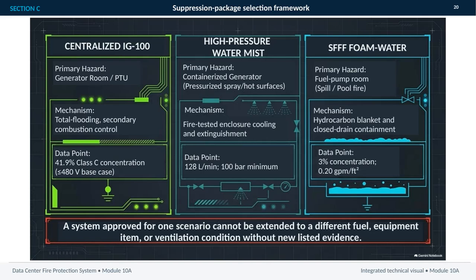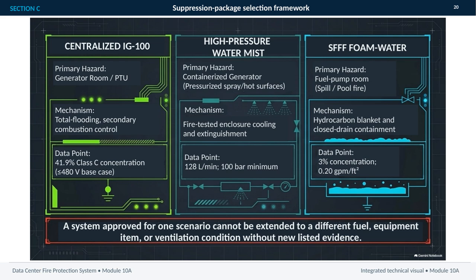This slide compares 3 suppression packages, each matched to a different fire scenario rather than treated as interchangeable. For a centralized IG-100 system, the primary concern is the generator room or PTU. It uses total flooding with secondary combustion control, and the base case calls for a 41.9% Class C concentration at or below 480 volts. High-pressure water mist is aimed at a containerized generator, where pressurized spray and hot surfaces create a distinctive challenge.